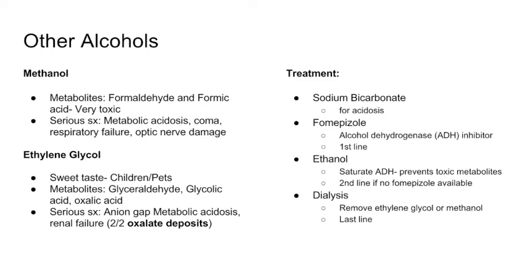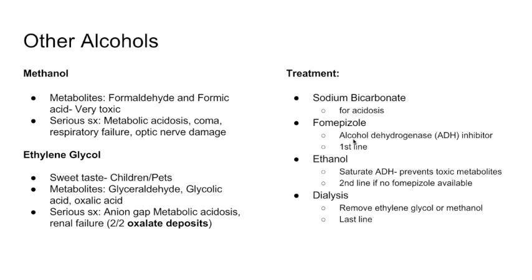So methanol and ethylene glycol have to be metabolized first by alcohol dehydrogenase into these toxic metabolites. So if I am able to inhibit that first enzyme that metabolizes, which is alcohol dehydrogenase, then I'm able to bypass the effect of the toxic metabolites. So fomepizole is a first line for the treatment of methanol and ethylene glycol abuse.